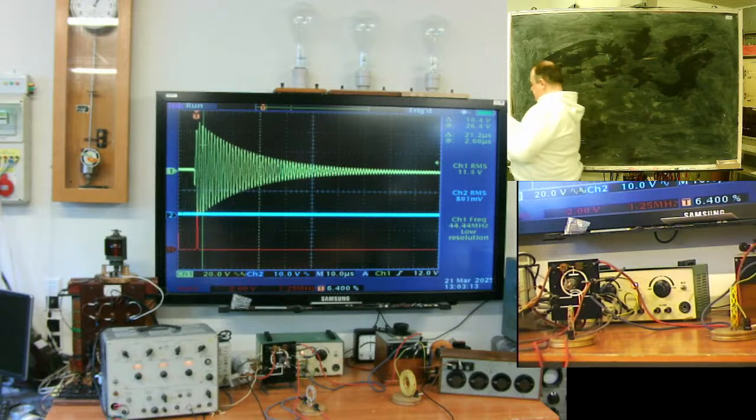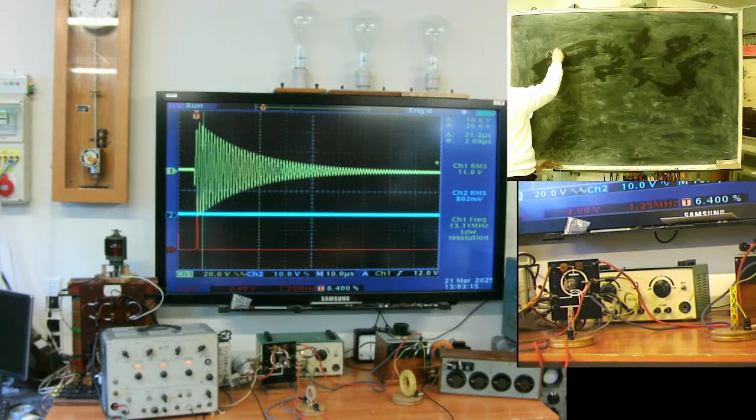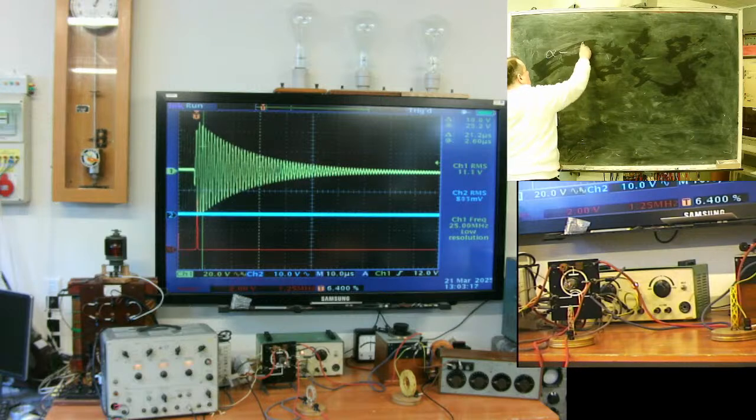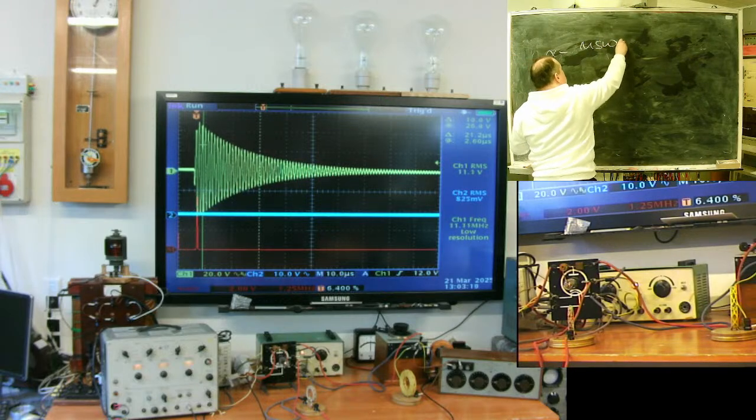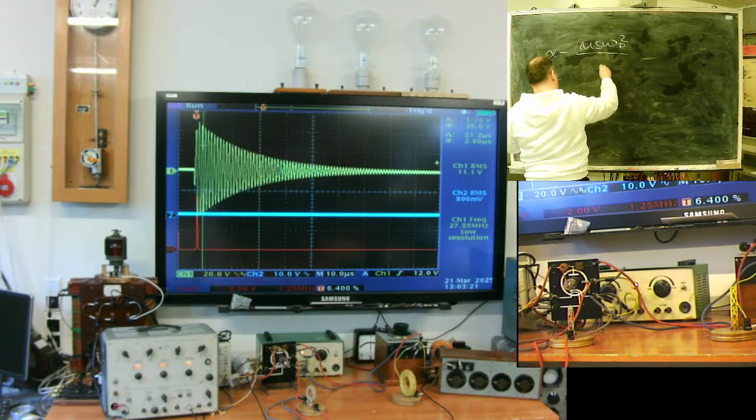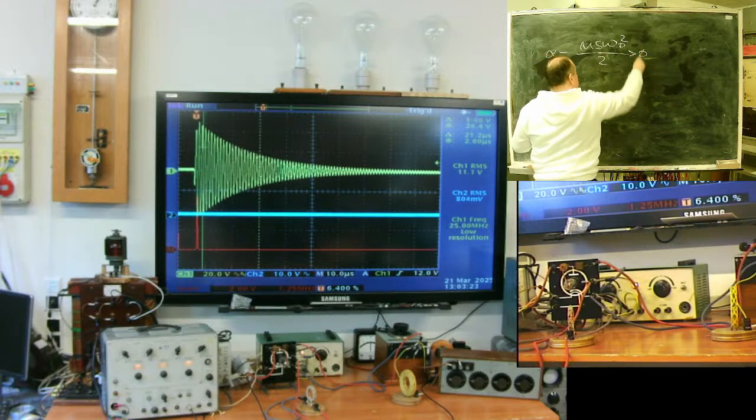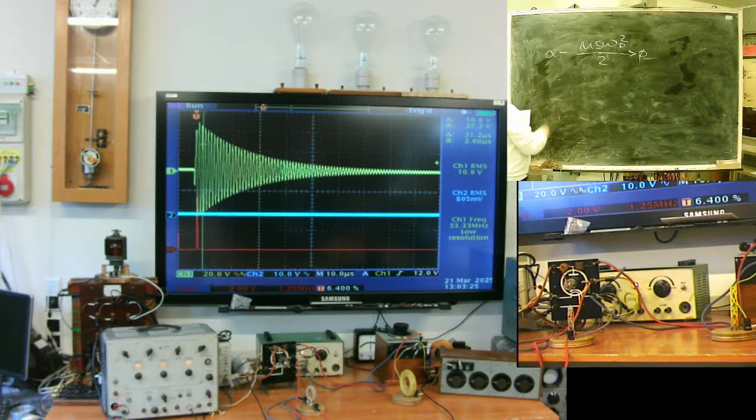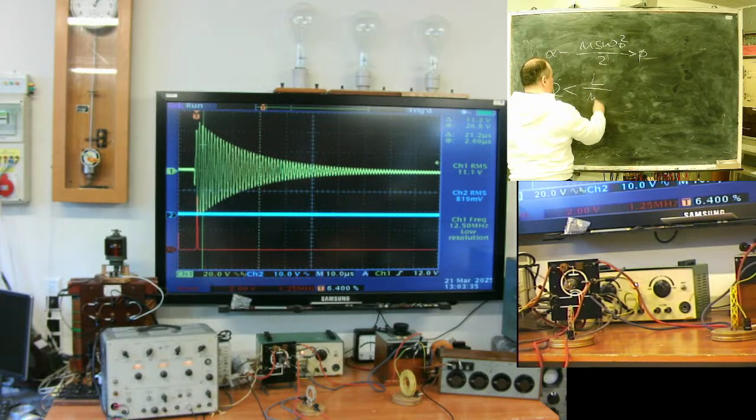The system is stable if alpha minus ms omega 0 squared divided by half is greater than 0. Or I can rewrite it: R is less than L divided by ms.